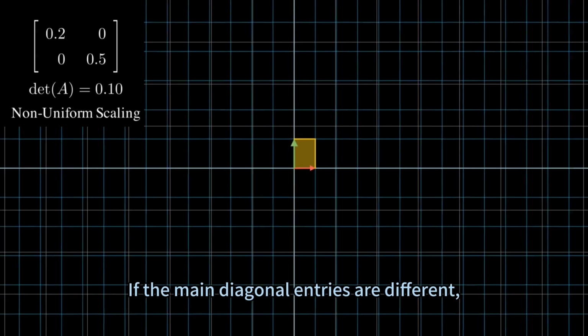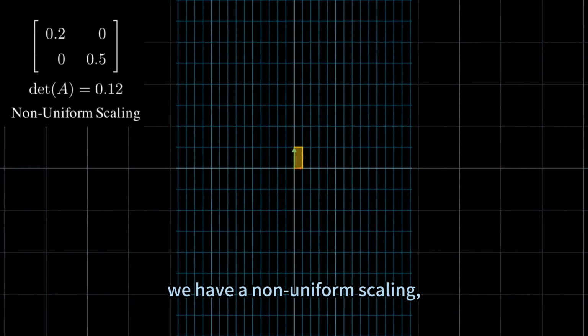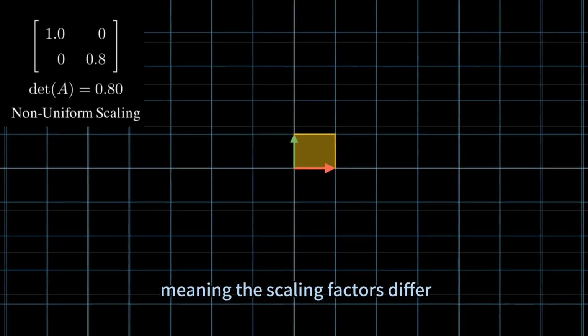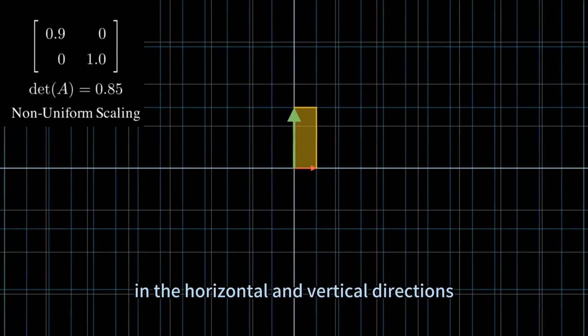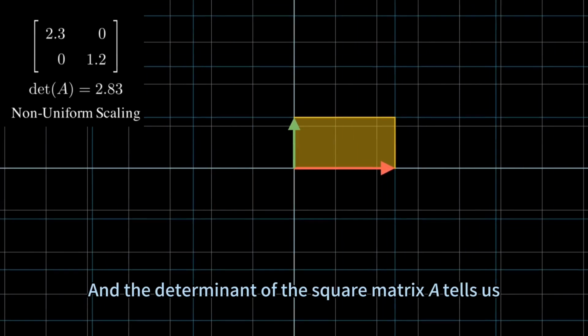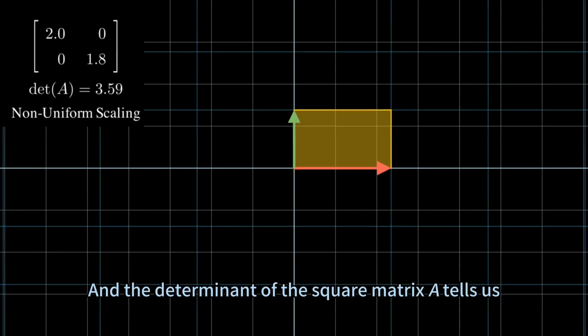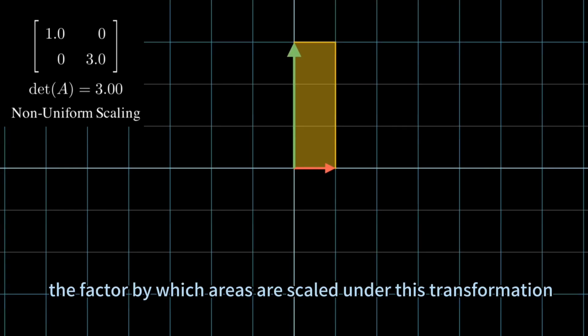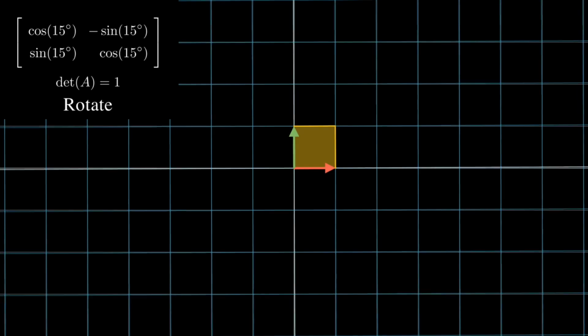If the main diagonal entries are different, we have a non-uniform scaling, meaning the scaling factors differ in the horizontal and vertical directions. And the determinant of the square matrix A tells us the factor by which areas are scaled under this transformation.